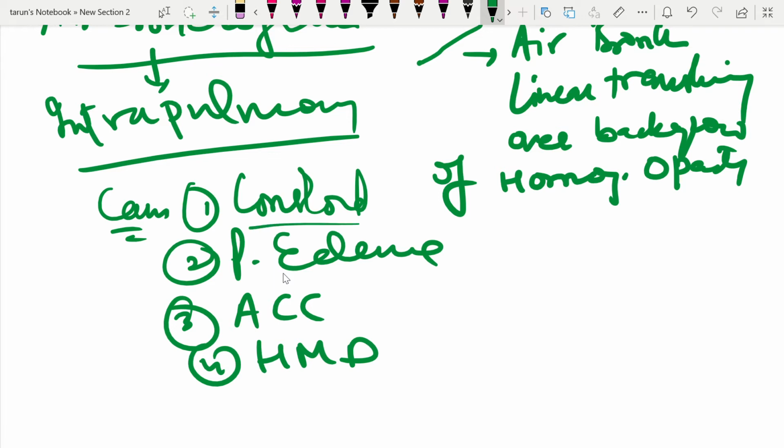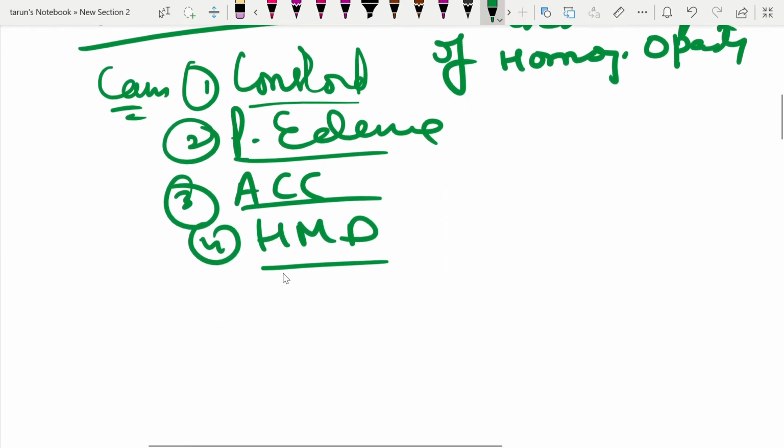It needs a good quality X-ray film, and the observer should have a bull's eye to diagnose the air bronchogram. Okay. Then they can ask what is Silhouette sign.